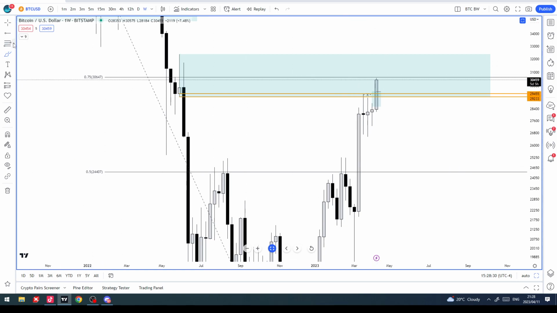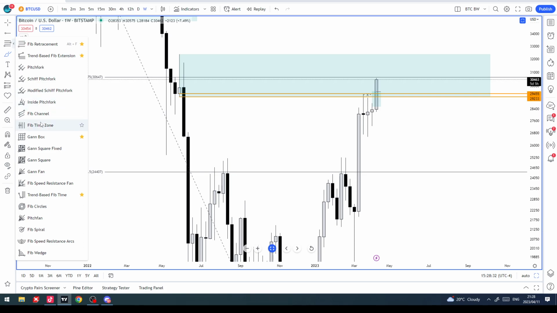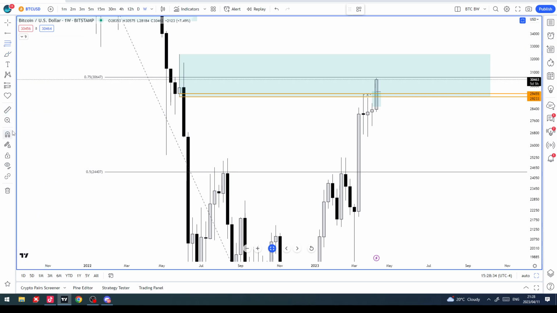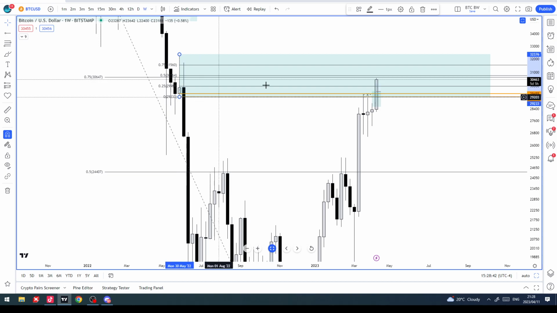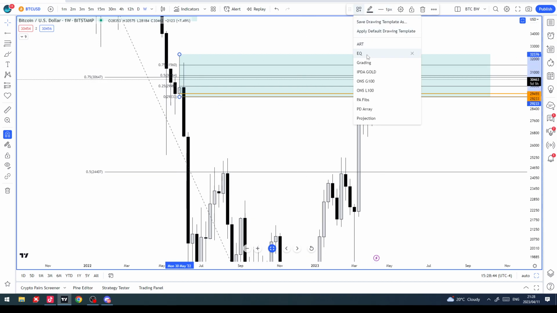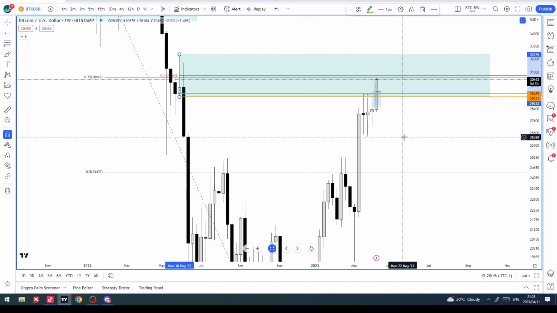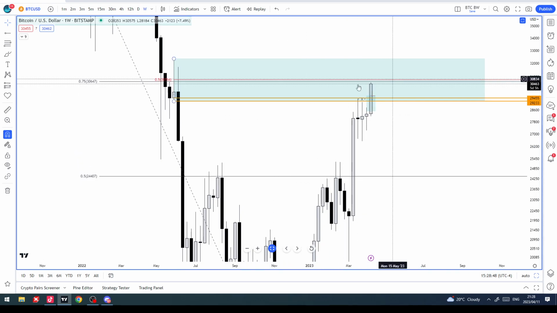Now, this being a slightly large order block, it's not the best because our wick is way more than our body, and there's a small chance that they run this order block. What we are interested in is the equilibrium of this order block on a weekly level.